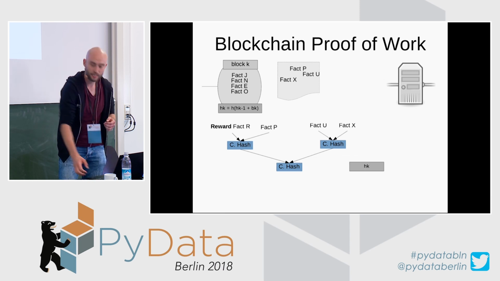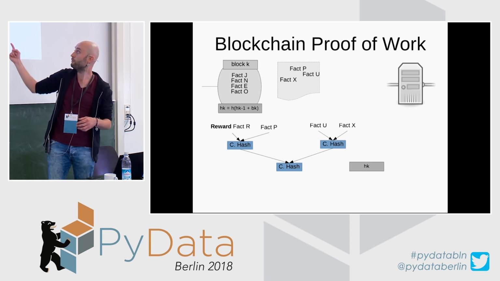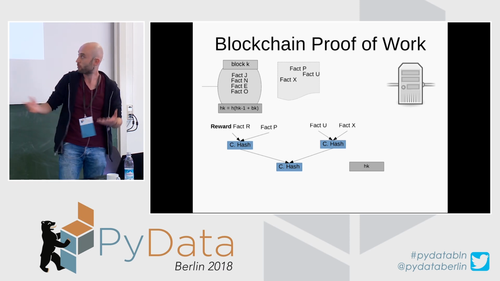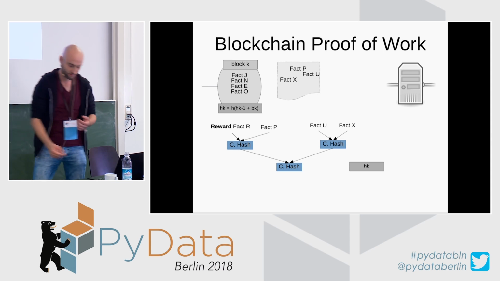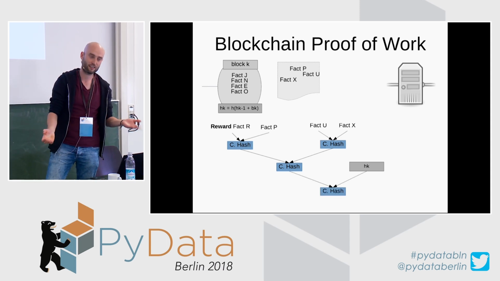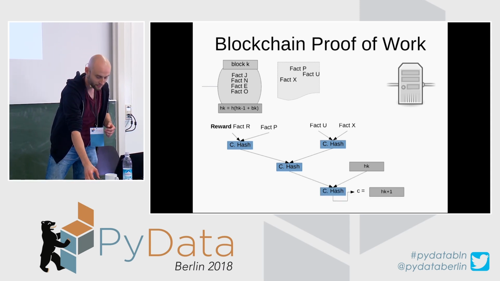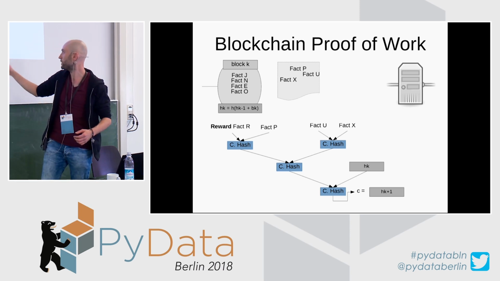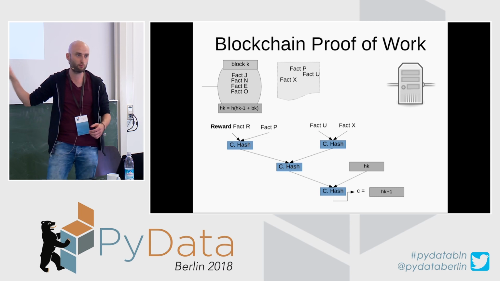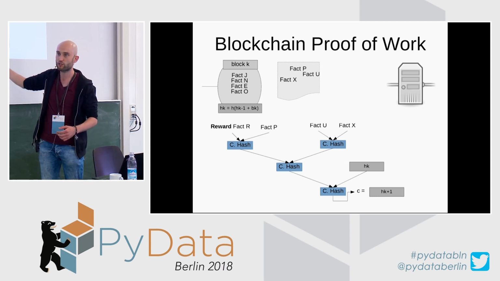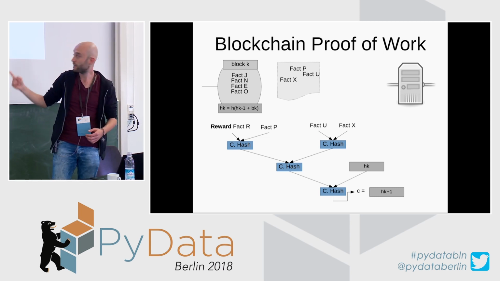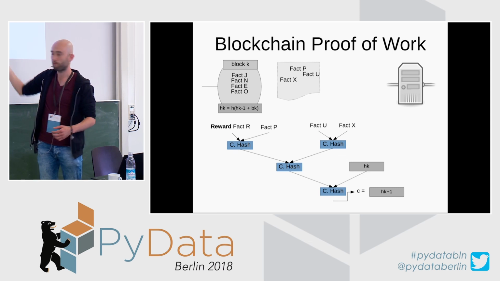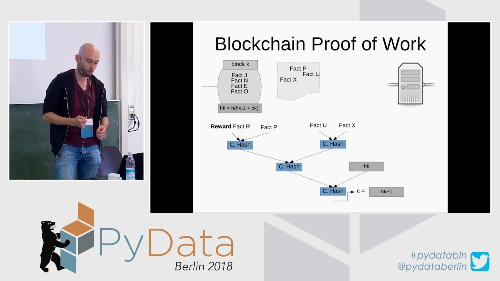And then he takes the hash value of the previous block, combines it with the hash of the contents, and hashes it again. And the hash value of this combination is then going to be the hash value of this block. So this is then the label that is attached to this block, and it's also going to be the challenge string for this proof of work.